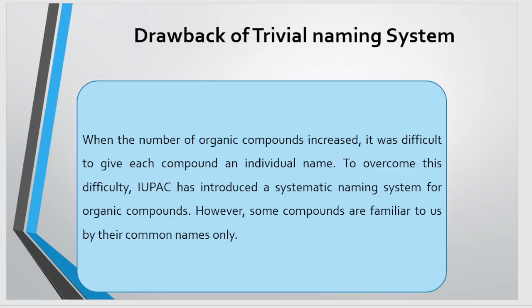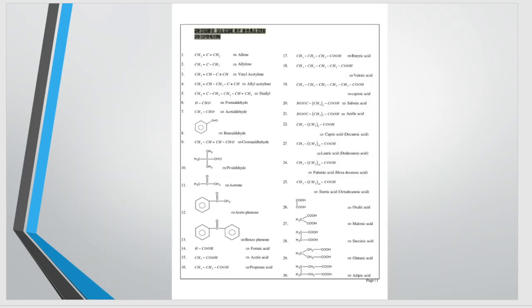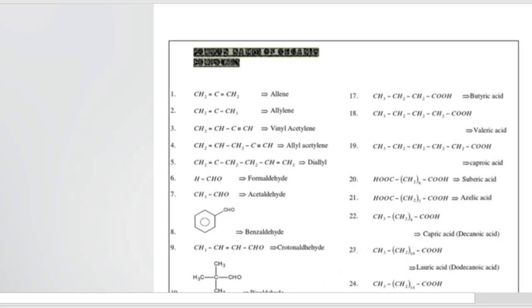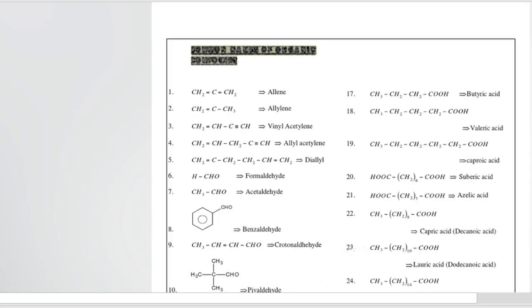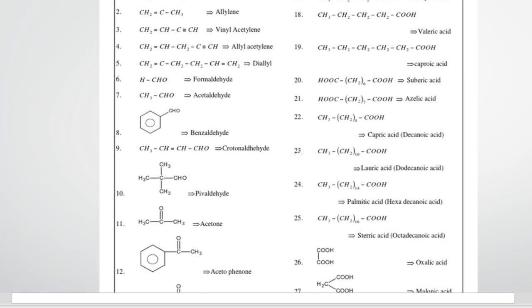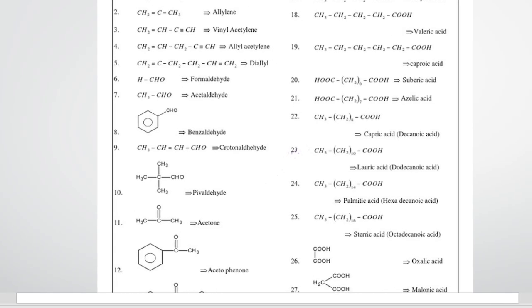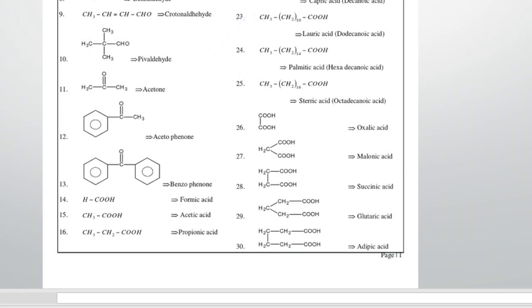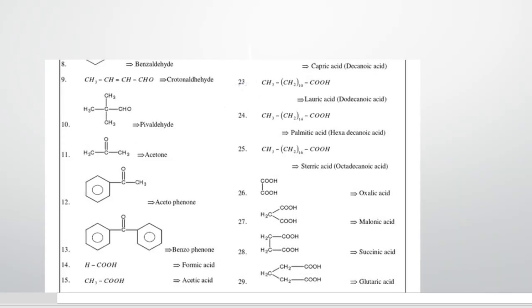So we need to remember some of the compounds' common names, and you can clearly see here what they are. See, this is allene, and this is ethylene. There is vinyl acetylene, allyl acetylene, formaldehyde, acetaldehyde, benzaldehyde. I think you know already all these common names, right? Crotonaldehyde, acetone, acetophenone, benzophenone, formic acid, acetic acid, propionic acid.